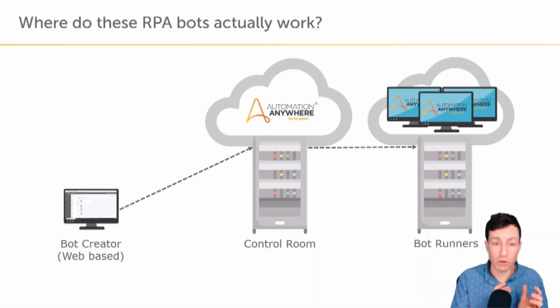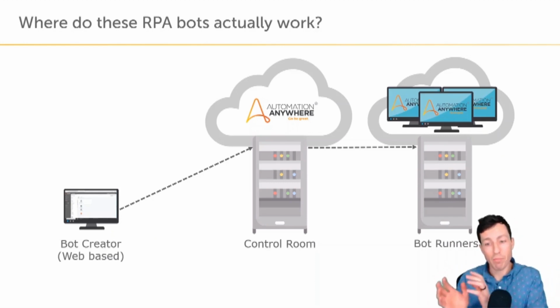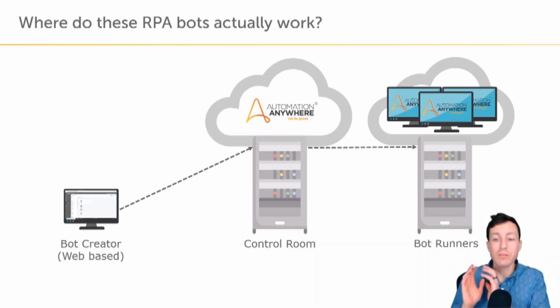They definitely let the control room know that the task is complete, but maybe they send an email, they drop a file someplace, they make an API call. The bot will execute on that bot runner, which again could be in the cloud, could be on a server someplace where we have these VDIs or virtual desktops hosted.